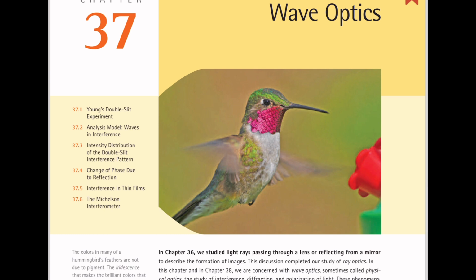Then you can come back to this chapter here, Wave Optics, chapter 37, and you can just fill in the missing blanks, and you can try your best to explain all of these concepts to yourself in your own way. But of course, start off with a quick little 7-minute summary.